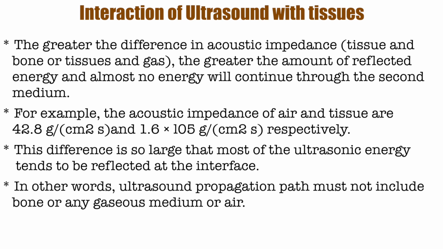For example, the acoustic impedance of air and tissue are 42.8 gram per centimeter square second and 1.6 into 10 to the power 5 gram per centimeter square second respectively. This difference is so large that most of the ultrasonic energy tends to be reflected at the interface. In other words, the ultrasound propagation path must not include bone or any gaseous medium or air.